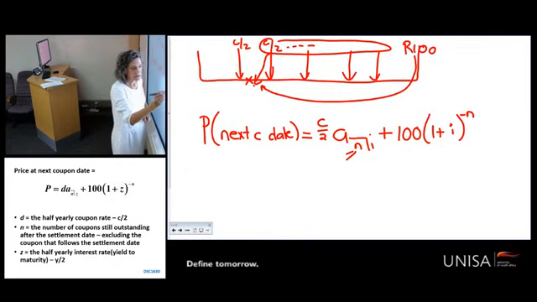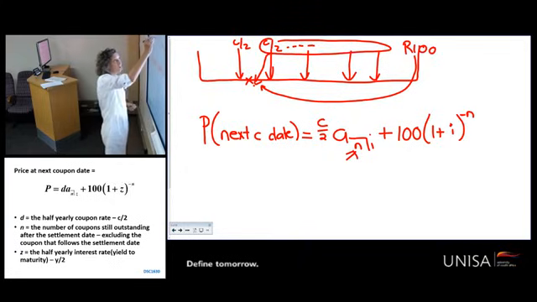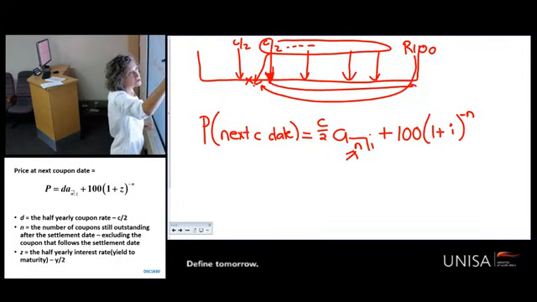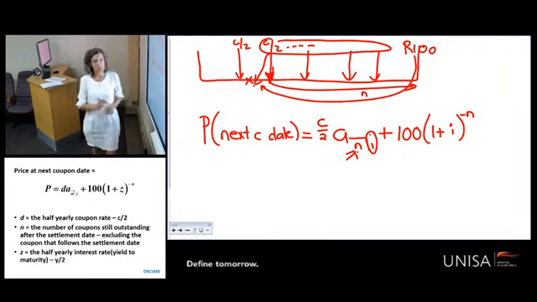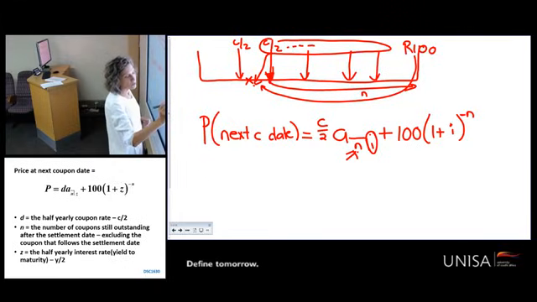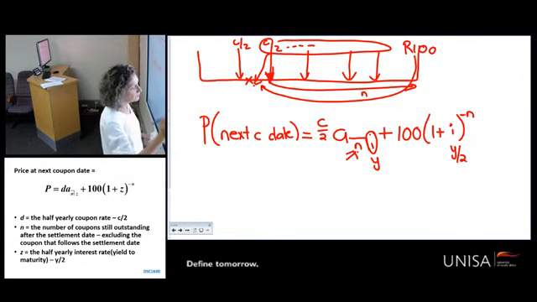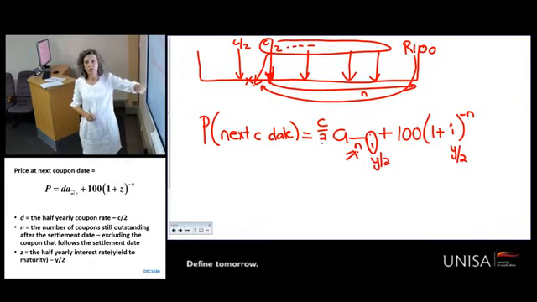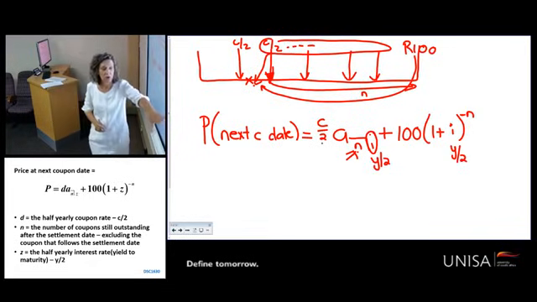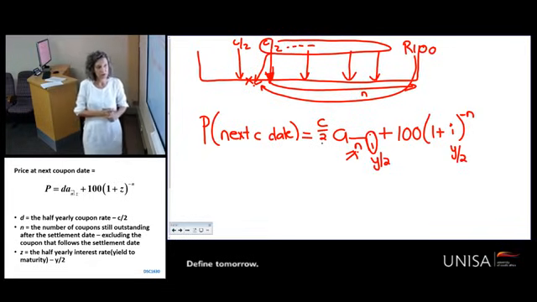N is the number of half years from the next coupon up to maturity. That is your N, the number of half years. What is I? I is your yield to maturity, which we also indicate with Y. But remember, we divide by 2. Why? Because we're working with half-yearly coupon rates, so our interest rate we divide by 2.